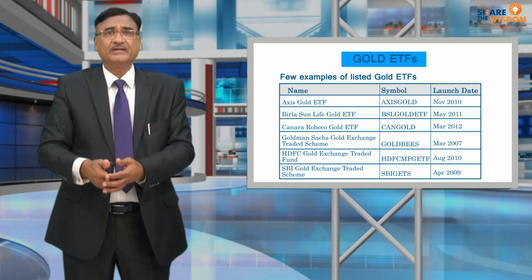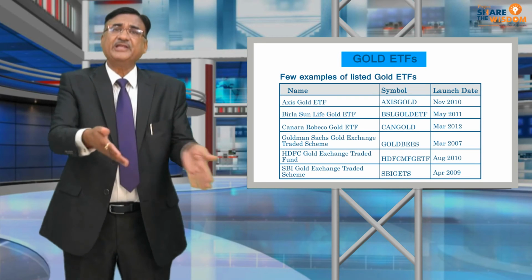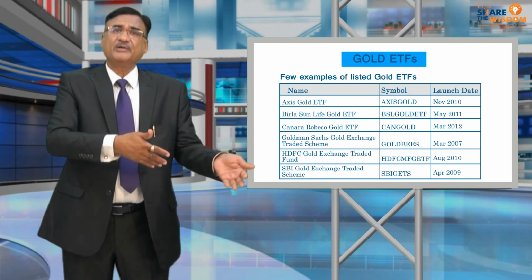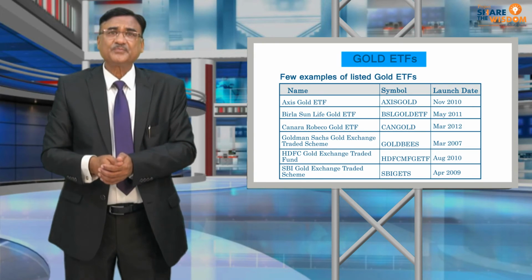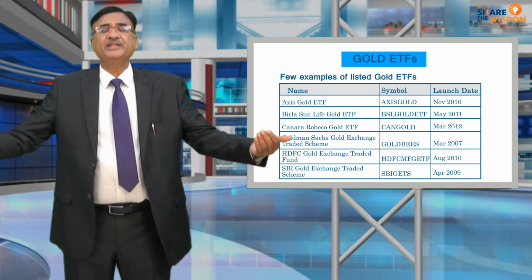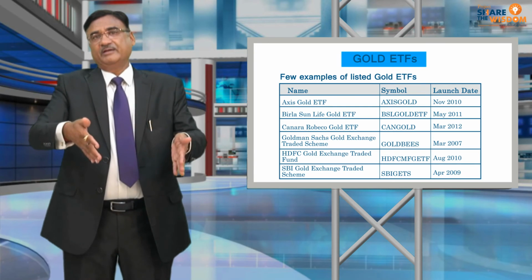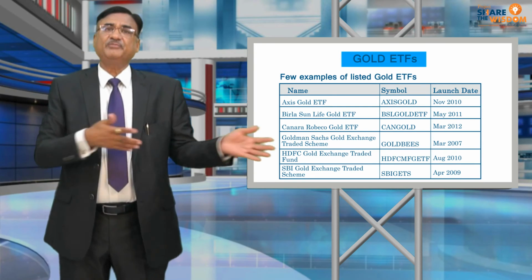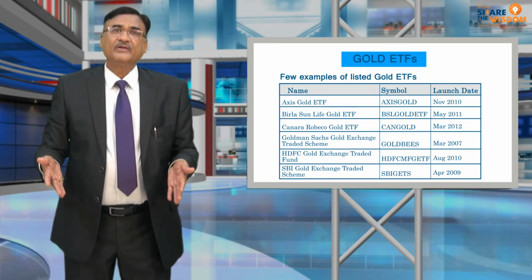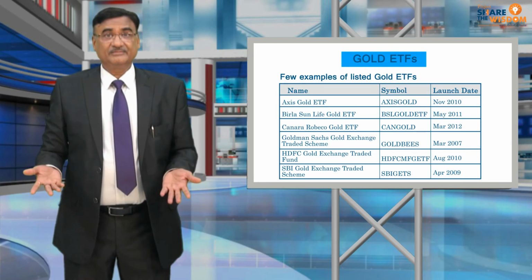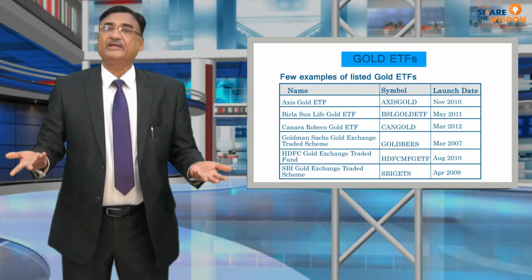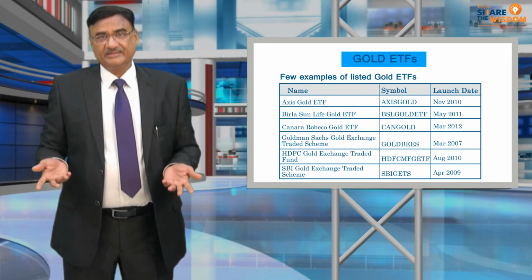But here, you just buy the ETF of that range and that much gold comes to your account. If you have 10 such ETF units, it multiplies by 10. So units are affordable, and can be bought and sold in even smaller quantities and values.